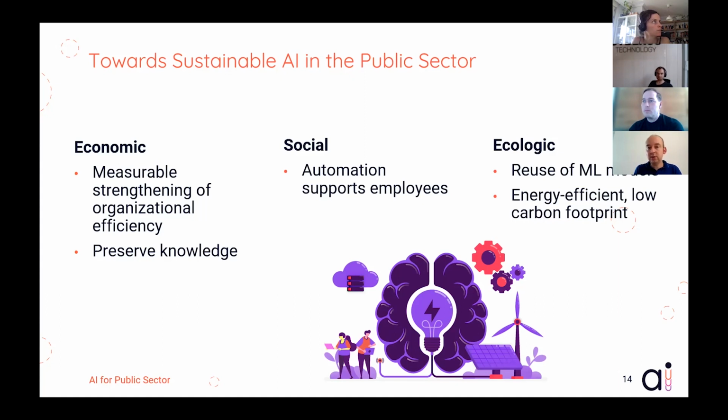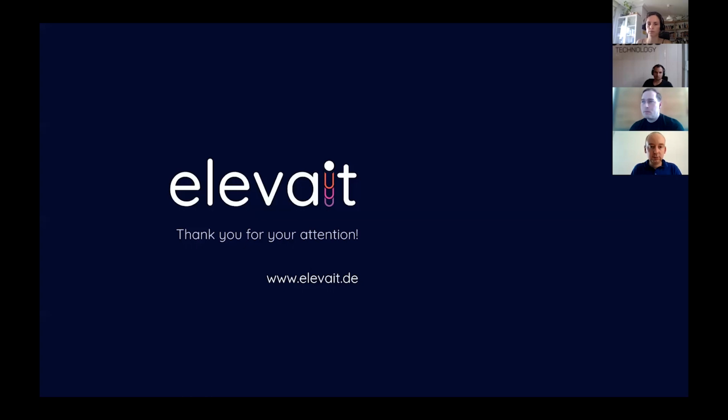And finally, also an ecological dimension, which is, for example, that we reuse our machine learning models over multiple customers, so that we don't have to retrain for every customer as far as possible, and that we really enforce running energy efficient, so having models as small as possible, but also using cloud providers with reusable energy and so having a low carbon footprint. So that's all.